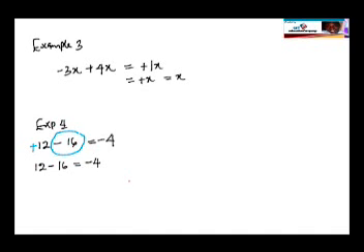Now let me quickly tell you something. There is something about signs. The way numbers have been arranged, a sign precedes a number, and that precedes an alphabet.